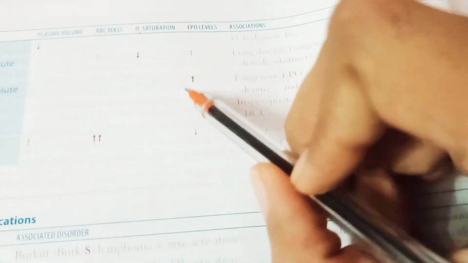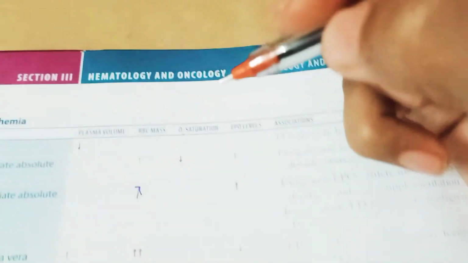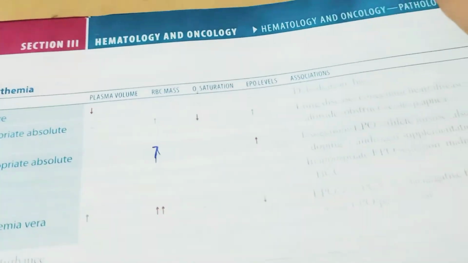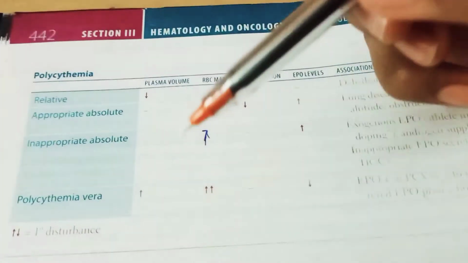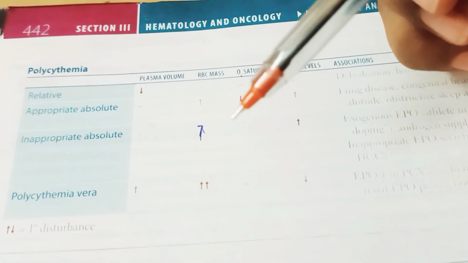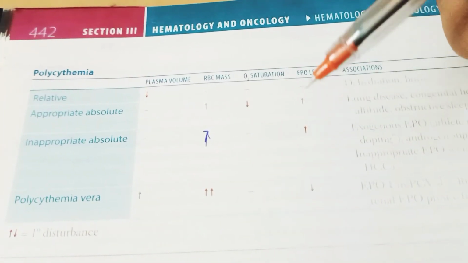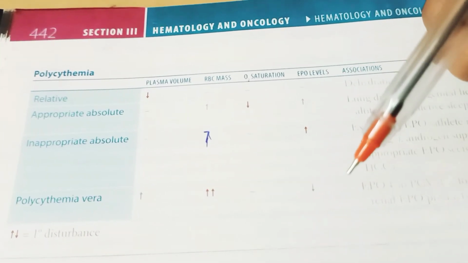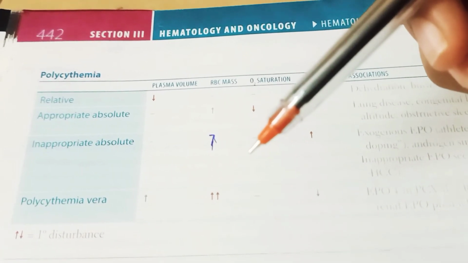Now coming to, sorry, as EPO is rising, even the RBC mass is rising. EPO is rising, RBC mass is also rising. Next, coming to polycythemia vera. Here the plasma volume is rising, RBC mass is rising, but EPO is decreased. Why is EPO decreased? Because there is already a lot of RBC because of polycythemia vera.